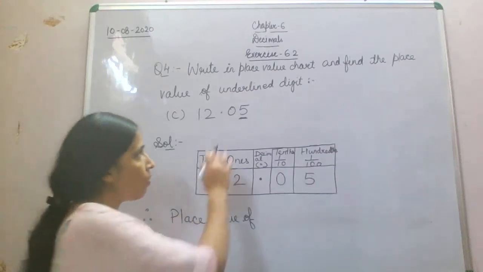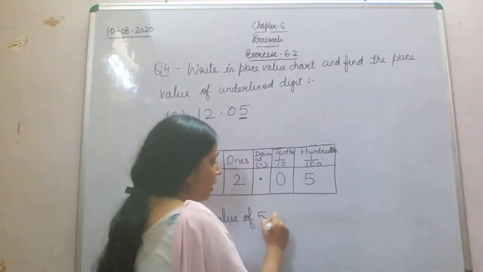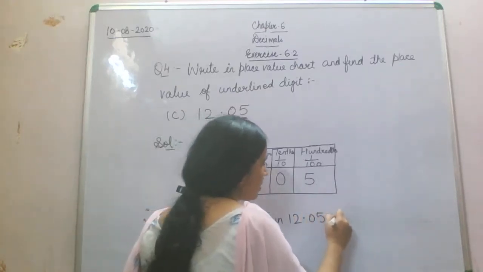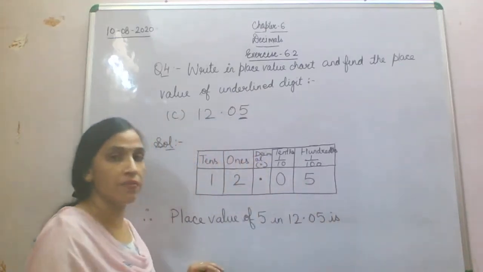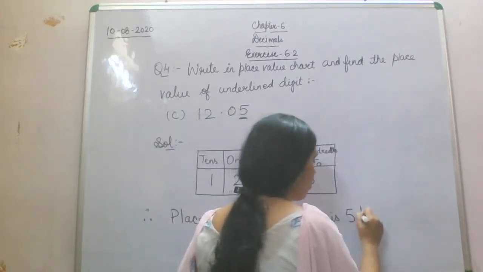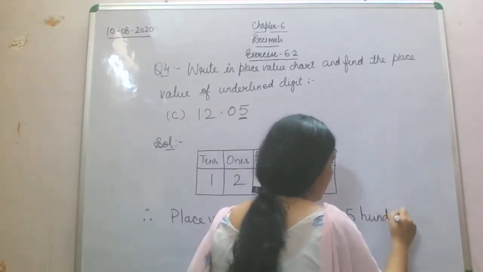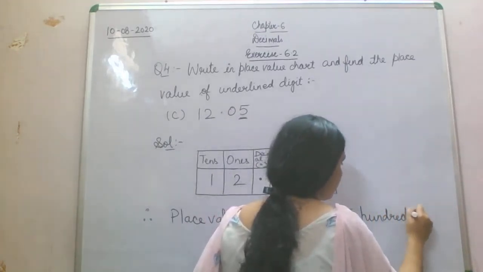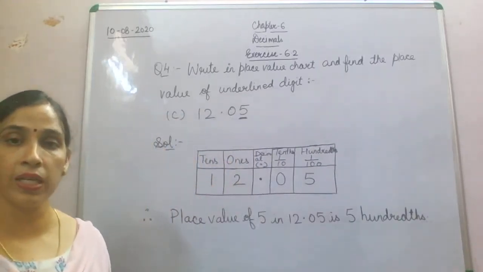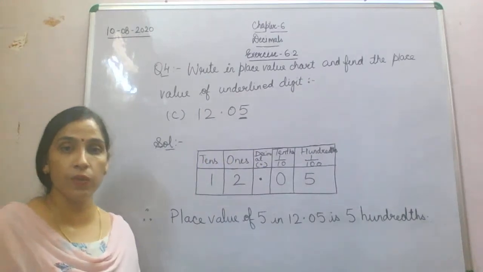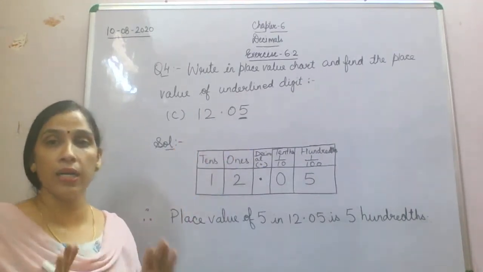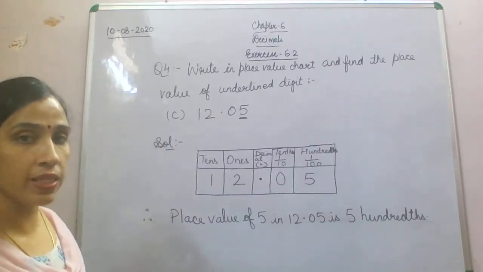Now, place value of 5 in 12.05. What is the place value of 5? Yes, it is 5/100ths. See what is given in the C part. You have been given 12.05 and 5 is your underlined digit. What is your first step?